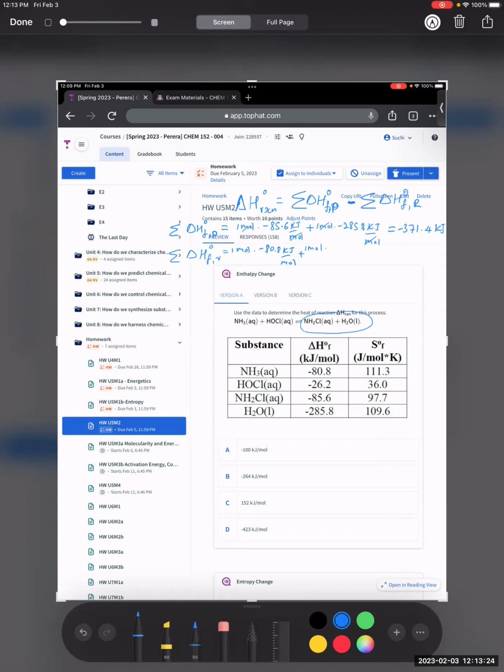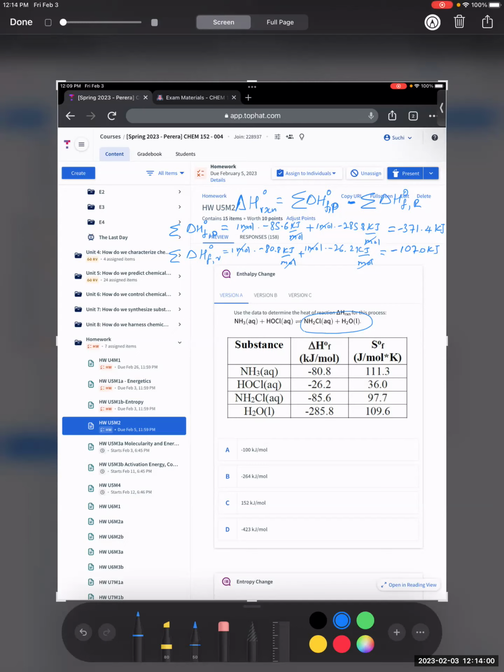So 1 mole times minus 26.2 kilojoules per mole, and moles cancel out. To add these up, you're going to get minus 107 kilojoules.